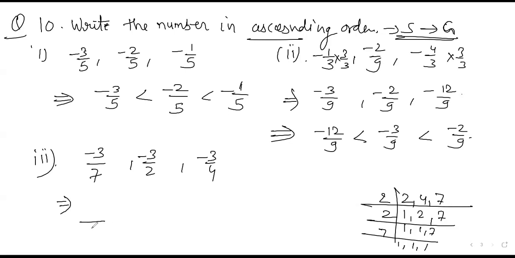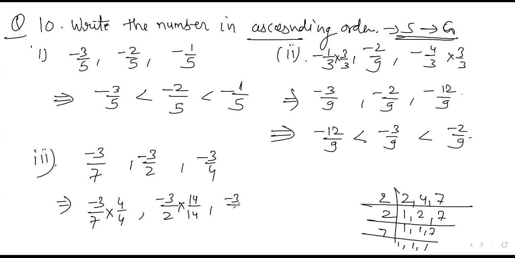So write down whatever LCM you get. Now which number should we multiply to get 28 in the denominators? That means simply 4. 4 times 7 is 28. Minus 3/2, you have to multiply by 14, right?